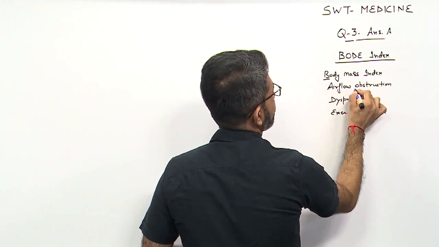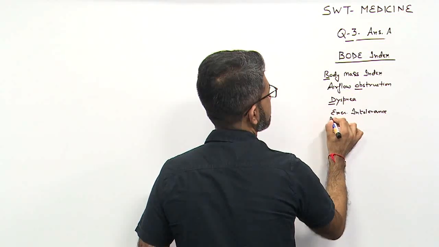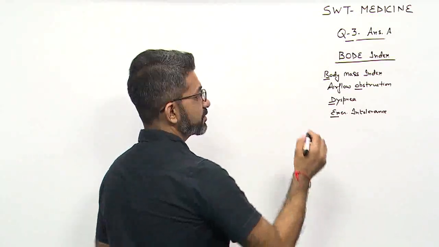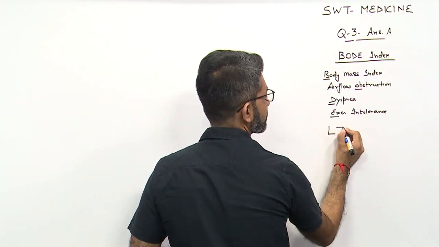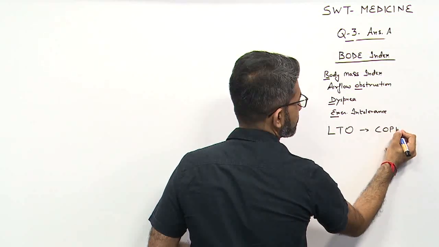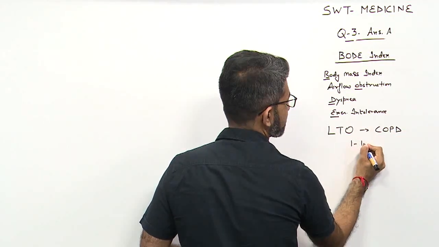BODE index basically prognosticates long term outcome in patients of COPD. The score is from 1 to 10.